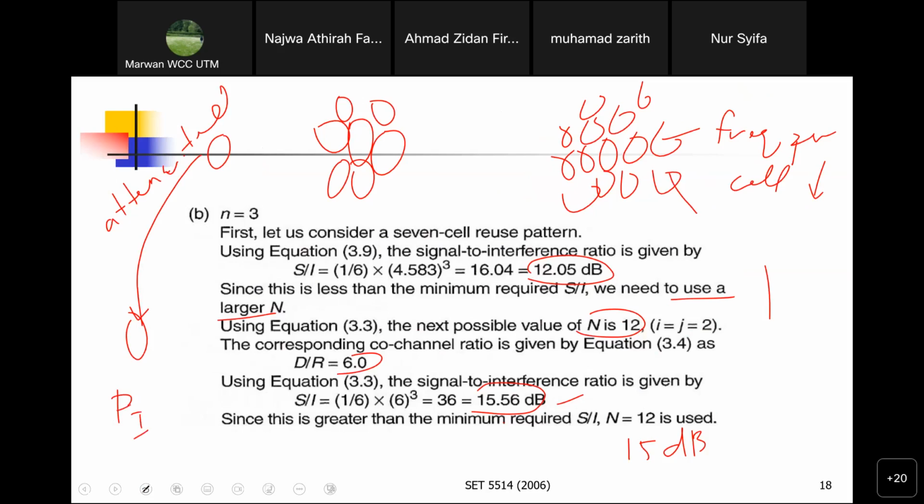When it reaches you in the cell, it is going to be very small because it has to travel a longer distance, and at the longer distance your n is big, so it will be attenuated really fast. So what reaches your cell is going to be very small. That improves your C over I. So n plays a very crucial role in the interference limited system.